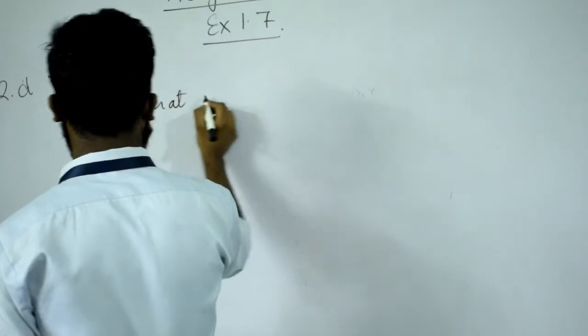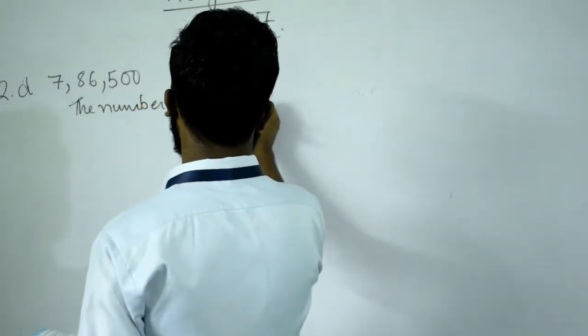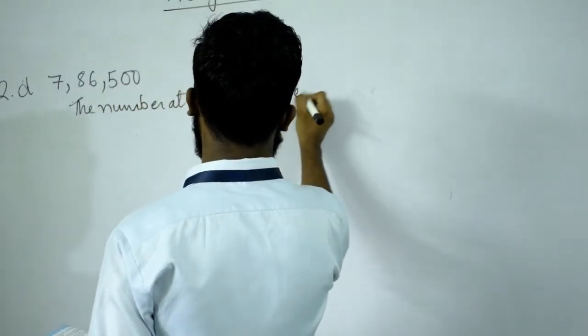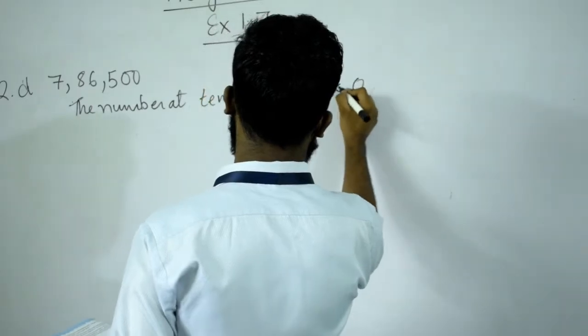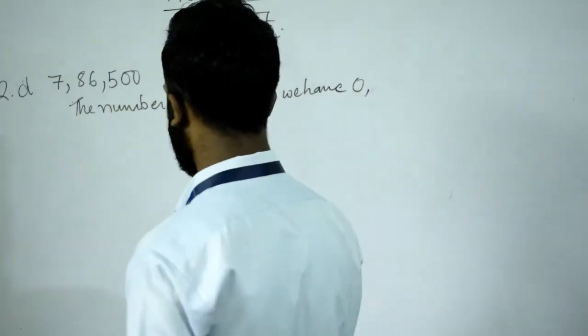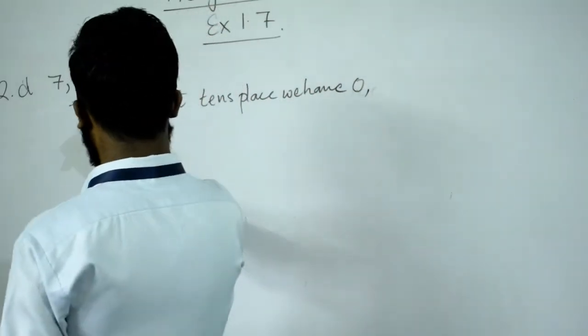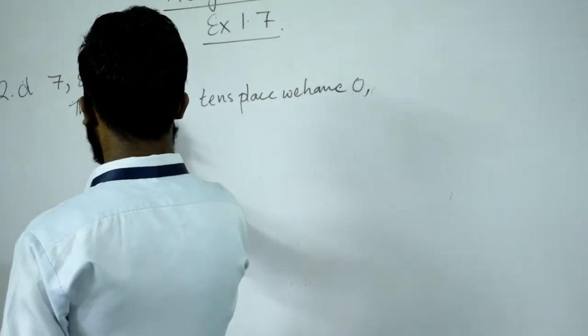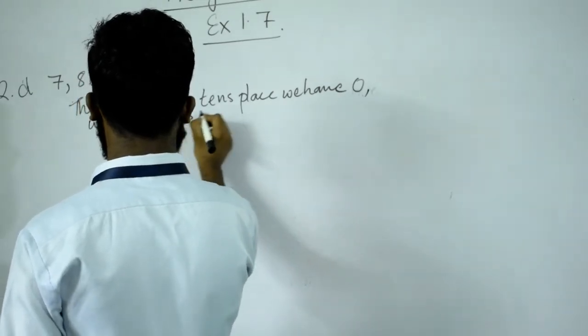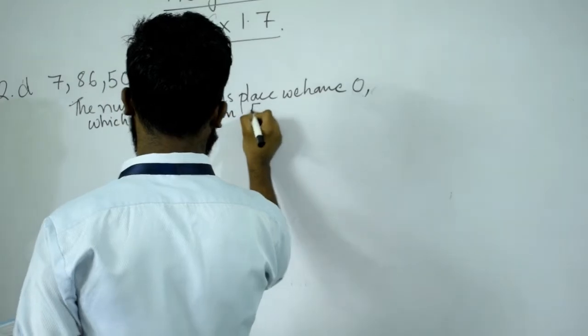The number at the tens place is 0, which is less than 5.